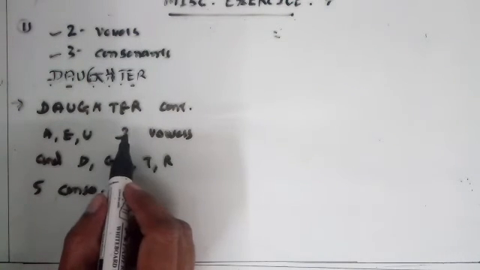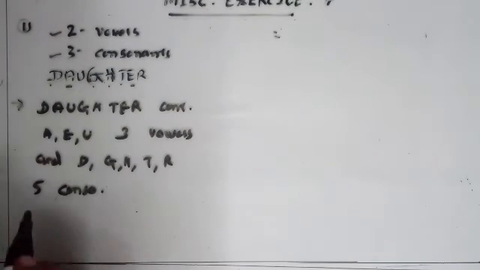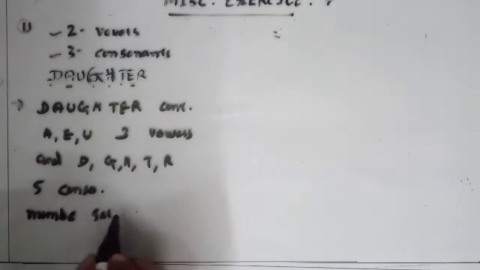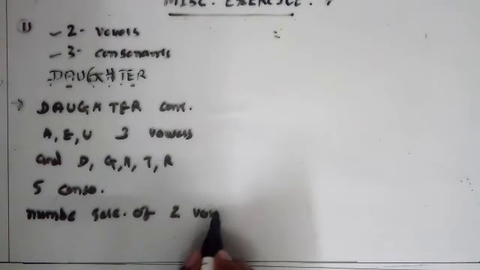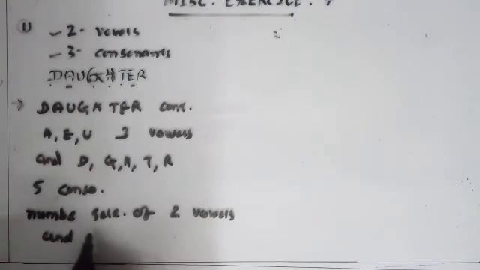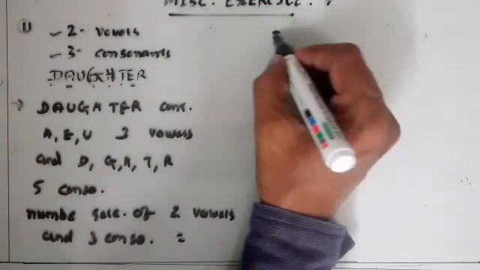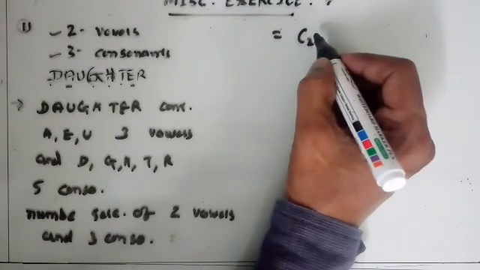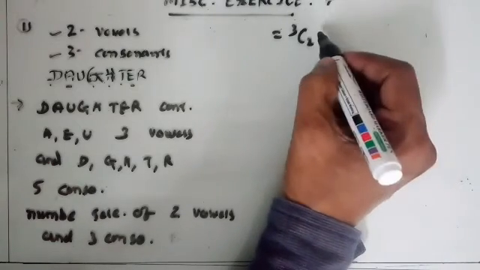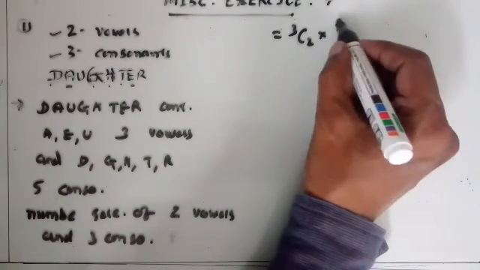So first we select two vowels out of three vowels and three consonants out of five consonants. So the number of selections of two vowels and three consonants is equal to: select two vowels out of three, that is 3C2, into three consonants out of five consonants, that is 5C3.